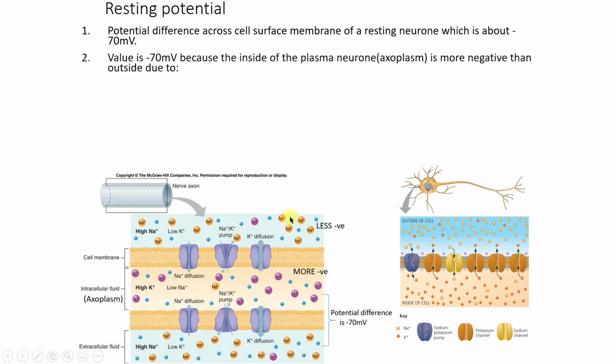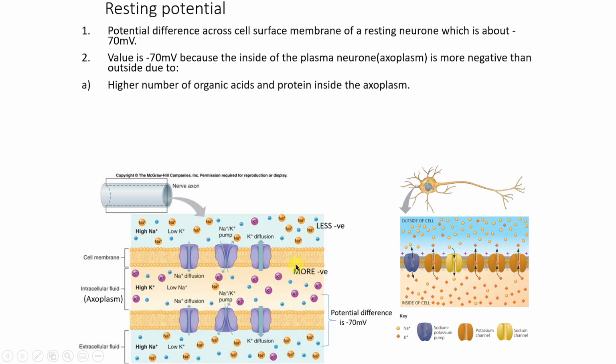Now it is at a value of -70 millivolts, or you can say that the resting potential of a neuron is -70 millivolts because the inside of the neuron, the cytoplasm, is more negative than the outside, the extracellular fluid. Why is the cytoplasm more negative compared with the outside environment?